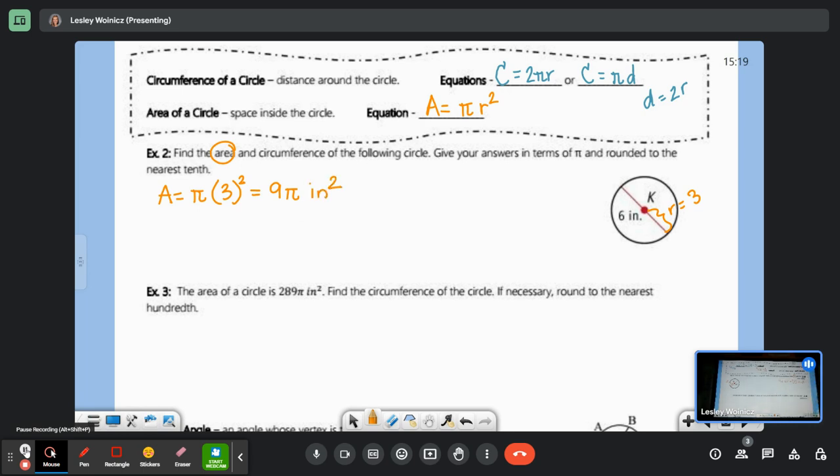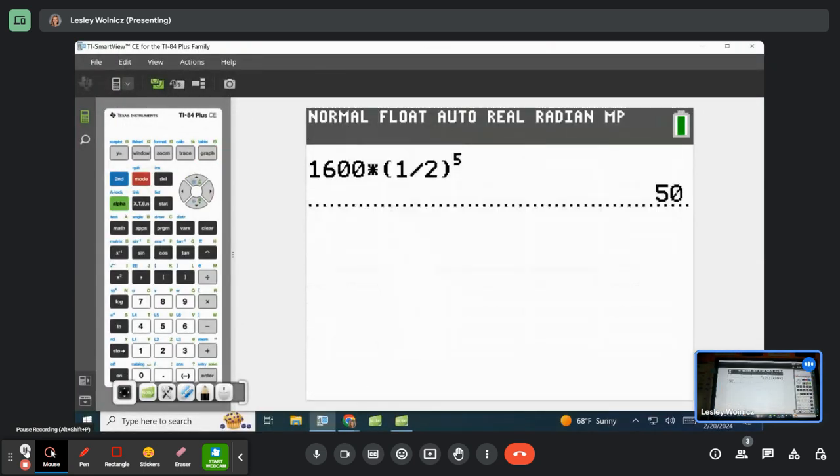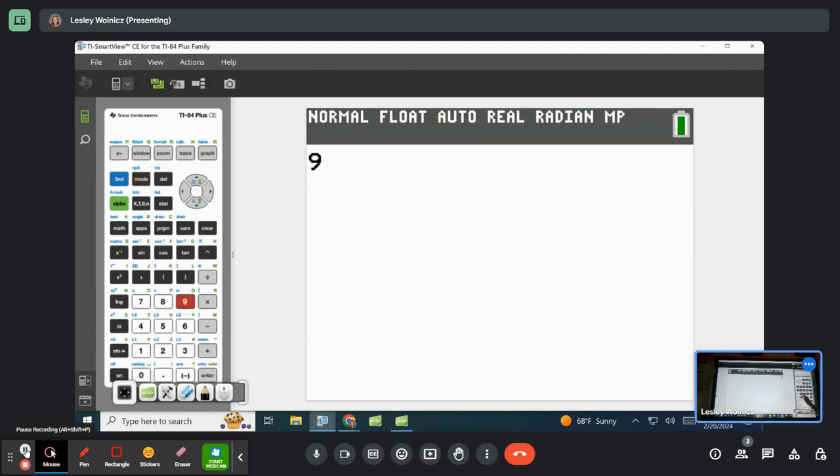Okay, notice that it says in terms of pi and rounded to the nearest tenth. So we can say that that is approximately, do you guys know how to put pi in the calculator? No. There's a button. Okay, so do you guys see that if I hit the second button and then the power caret, I get pi?